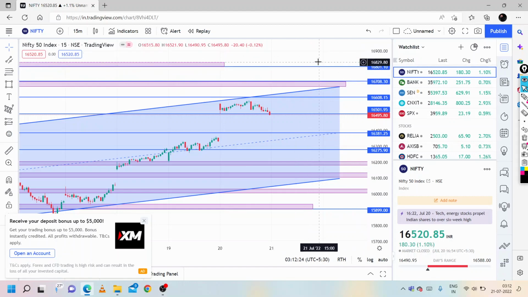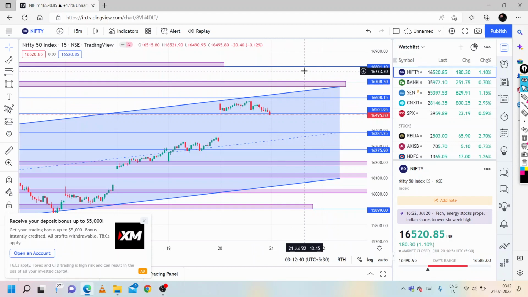This 16,800 is also a resistance on the chart. If you see it on the daily time frame, it's the neckline of the head and shoulders, which was broken in the past, and then we saw a great downtrend since then. So these three are resistances.